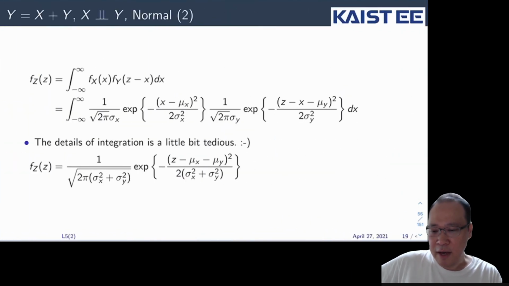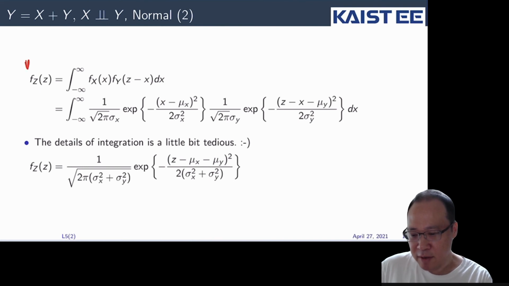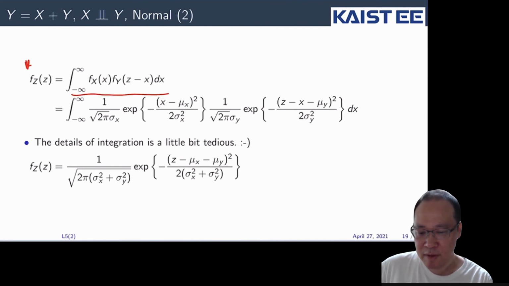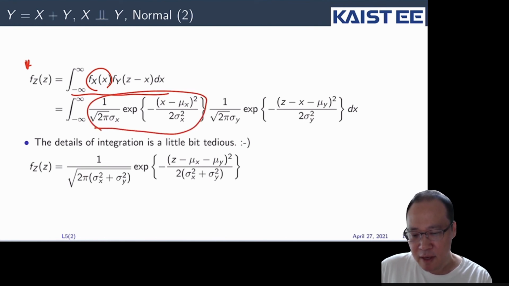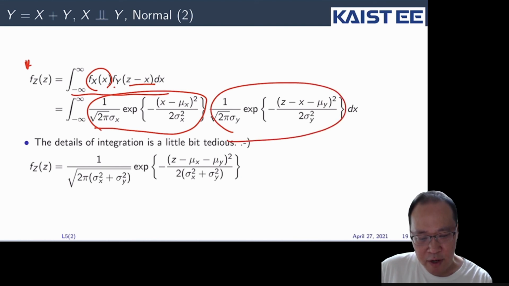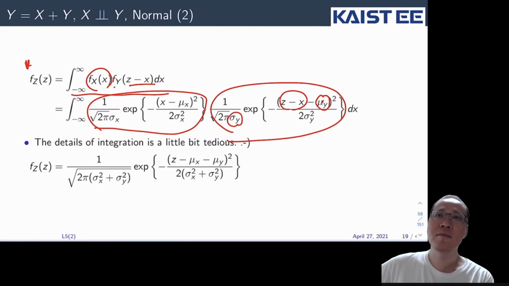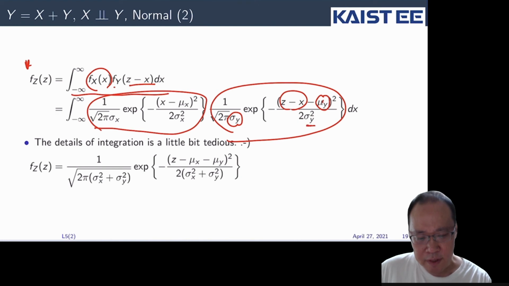How can we prove that? Do the integration. This is a convolution, and f_X(x) is this PDF, and f_Y(z minus x) is this PDF, where z minus x is here. Since this is f_Y, we have the expectation of Y and the standard deviation sigma_Y here.